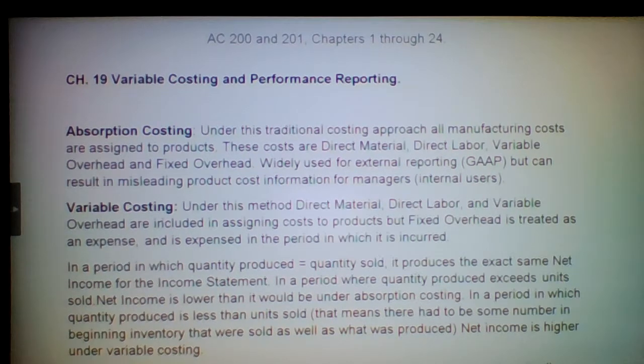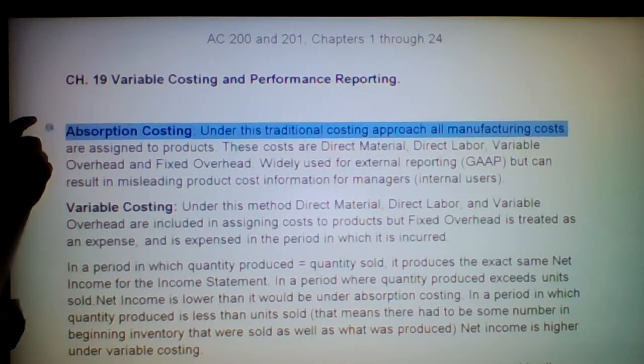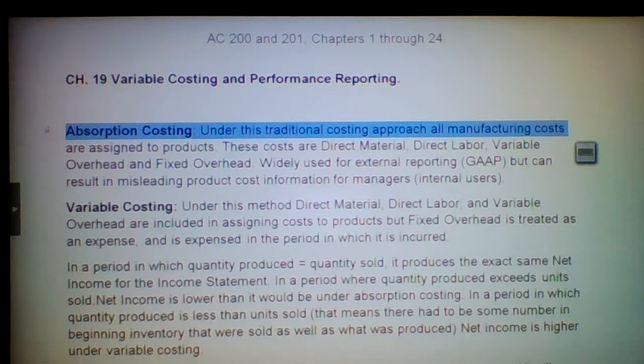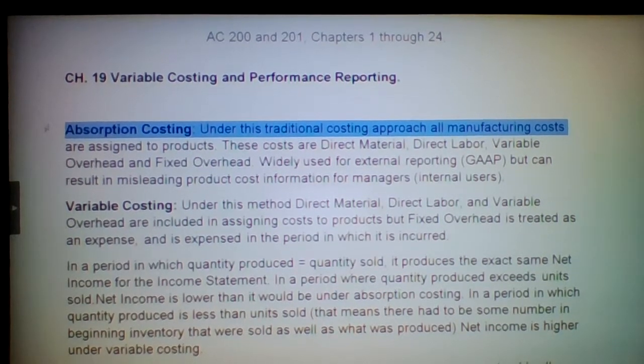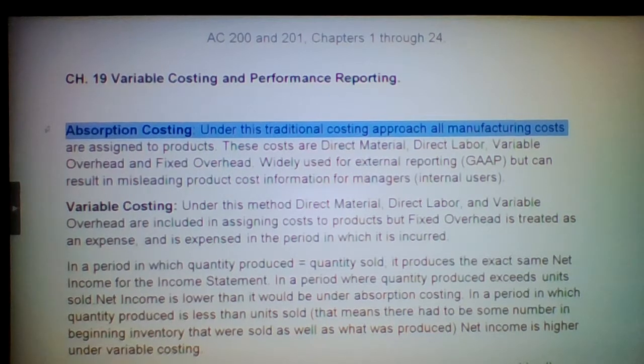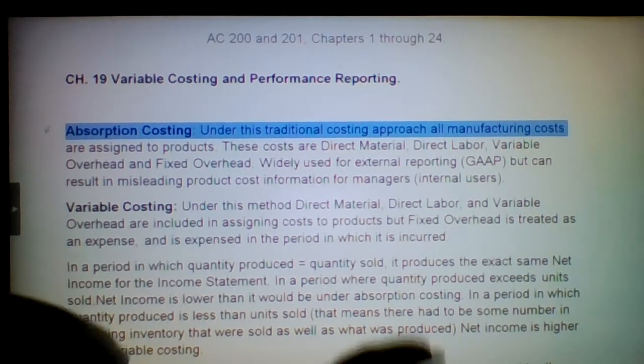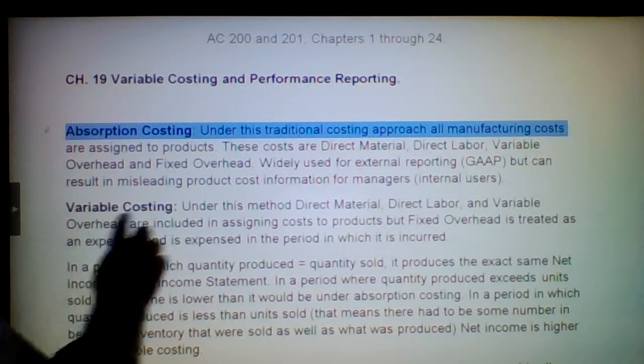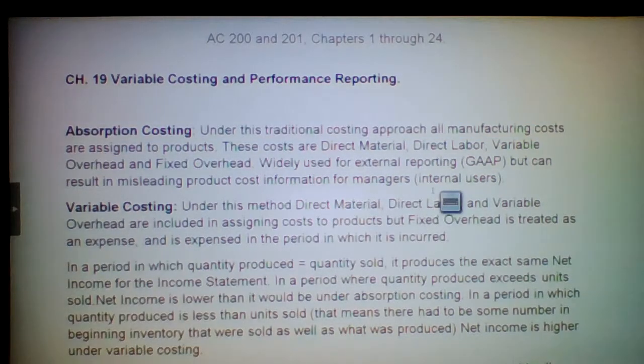Well, what we're going to talk about here is absorption costing. Under this traditional costing approach, all manufacturing costs are assigned to products. These costs are direct material, direct labor, variable overhead, and fixed overhead. It is widely used for external reporting purposes, GAAP, but can result in misleading product cost information for managers who are internal users. GAAP is for the external user. Management accounting is for the internal user.